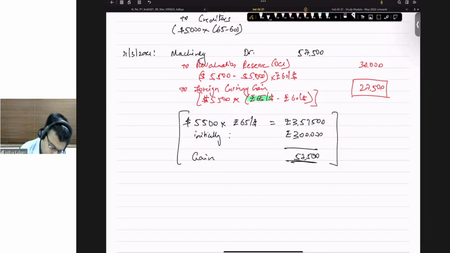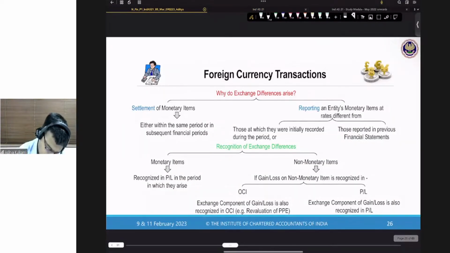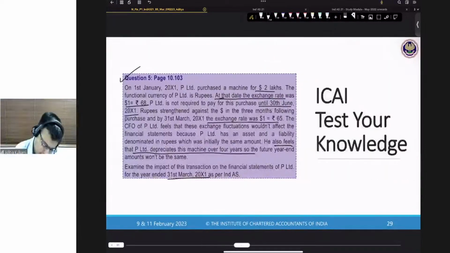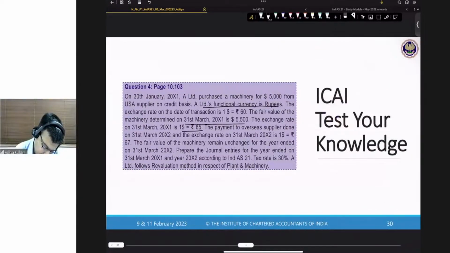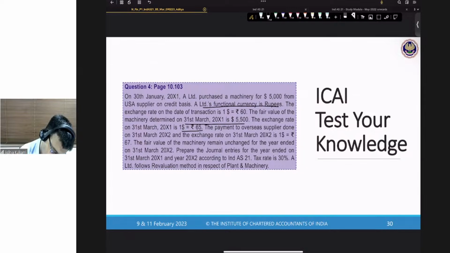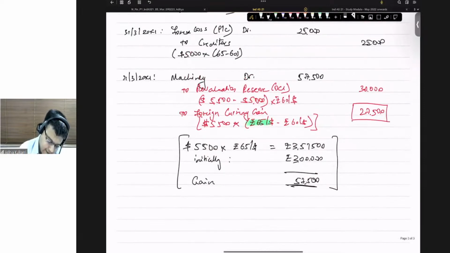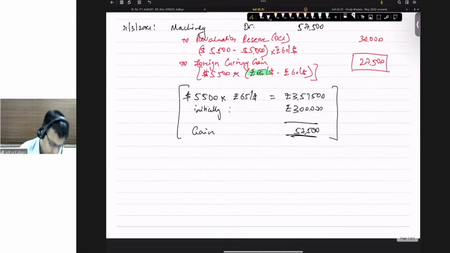For now, you can just write this entry which I'm telling you. I'll not sit to explain. This is because they have given us the tax rate to be 30%. So for now, just copy this entry and write it down. We will see the rationale in the next standard, Ind AS 12.